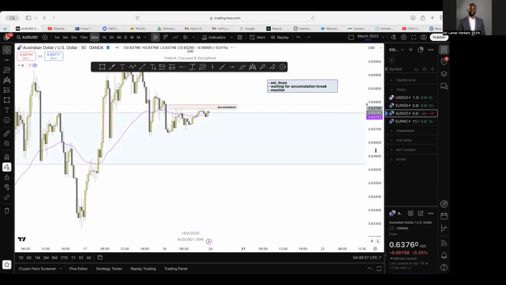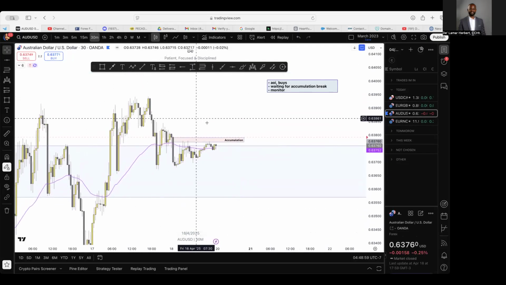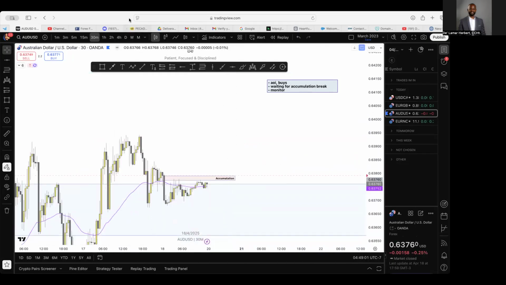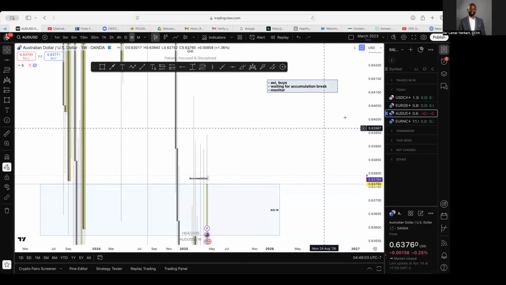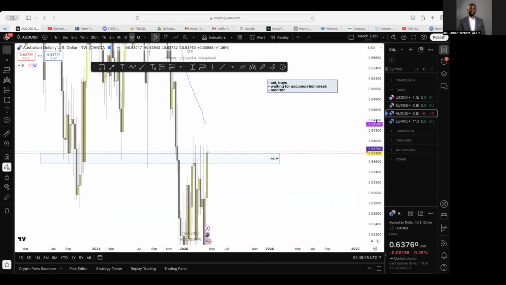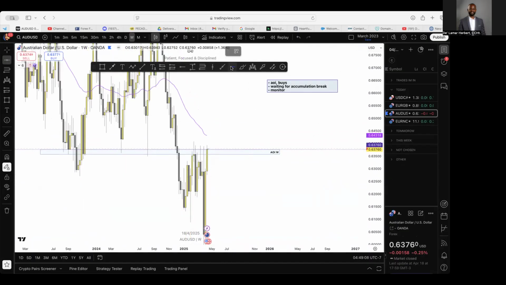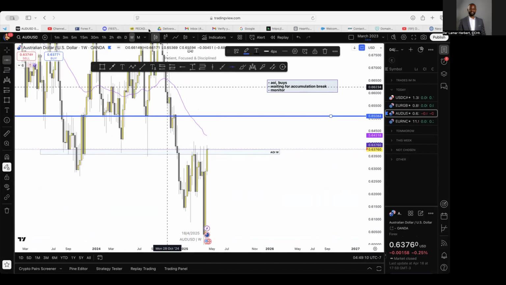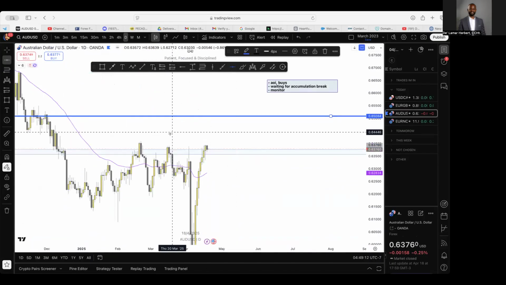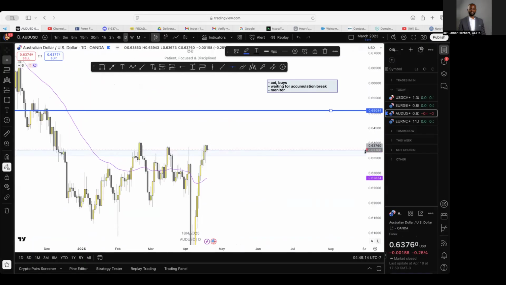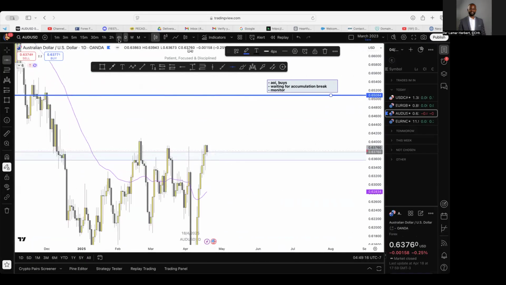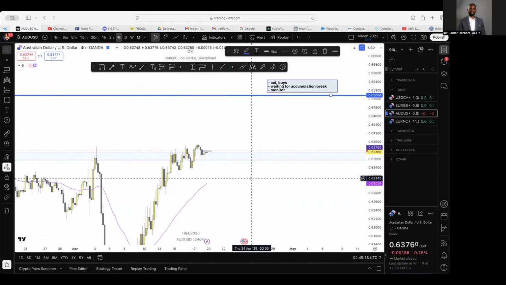Okay, AUD USD, kind of the same thing. We're looking for buys here. Our take profit is going to be way up here actually, at this next structure point. We've already had that pullback in the daily, which looks very gorgeous.